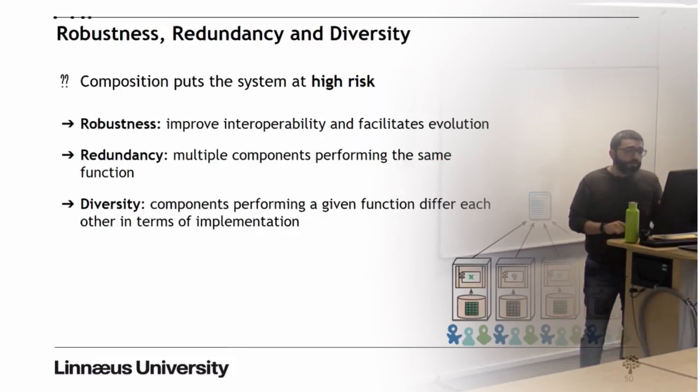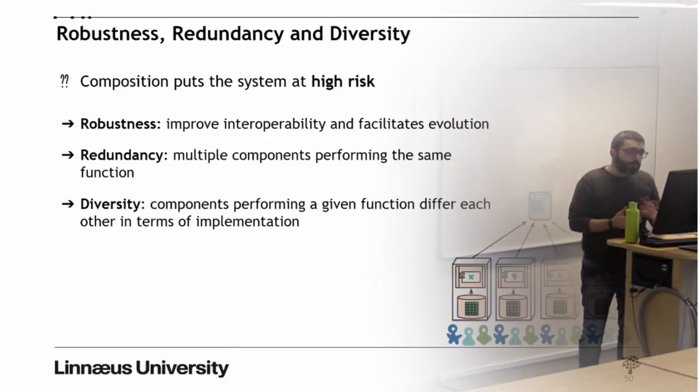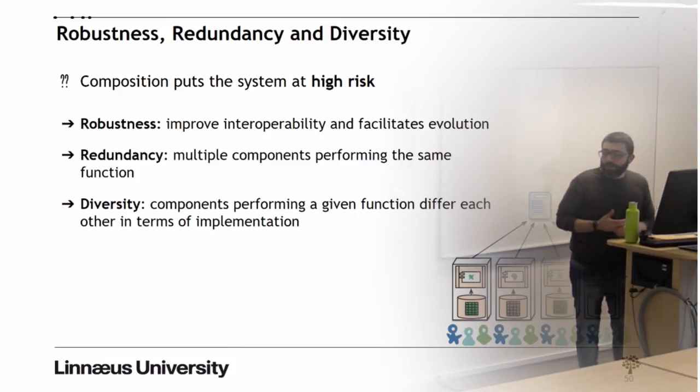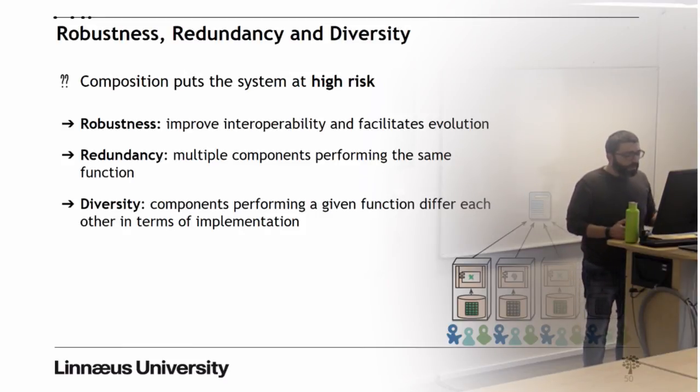And if a given microservice in this big architecture fails, and you don't have redundancy and diversity, this means that you fail in providing the streaming, and failing to provide the streaming means a lot of money lost for Netflix. So in order to keep the system up and running, they have a lot of redundancy.